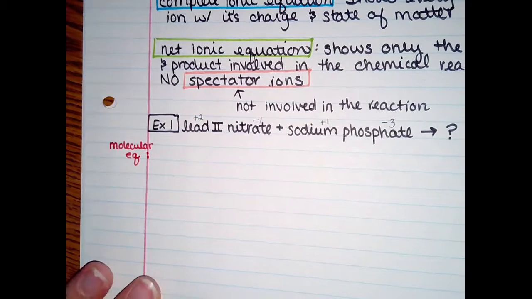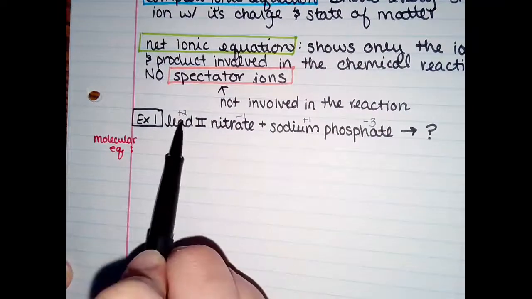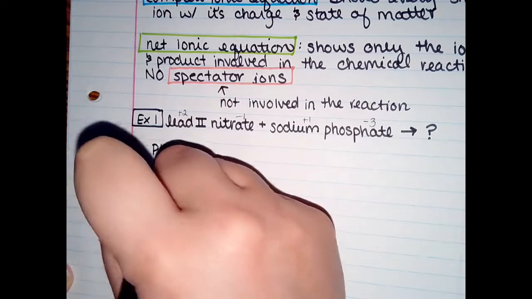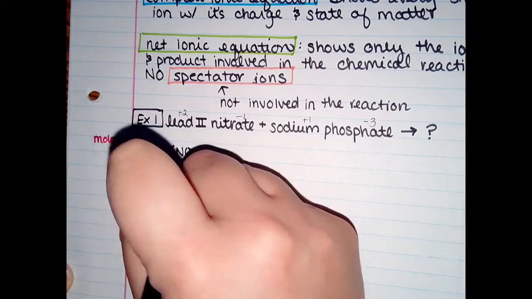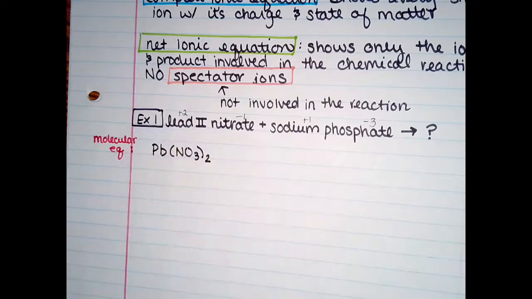Okay. The formula for lead 2 nitrate, you need 1 lead and 2 nitrates. Now, we can assume they're giving us products here that are aqueous, or we could look at our rules.